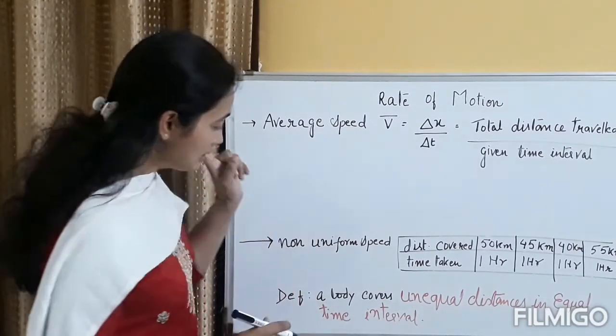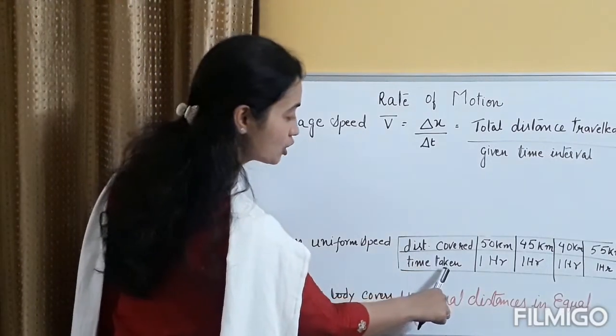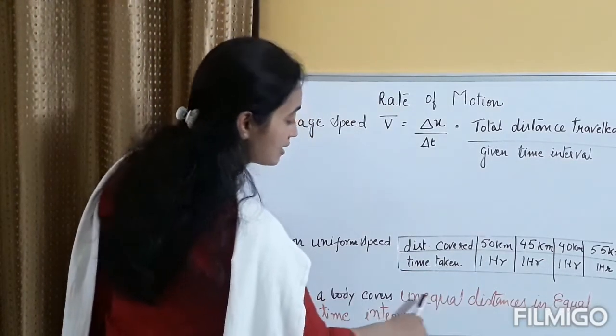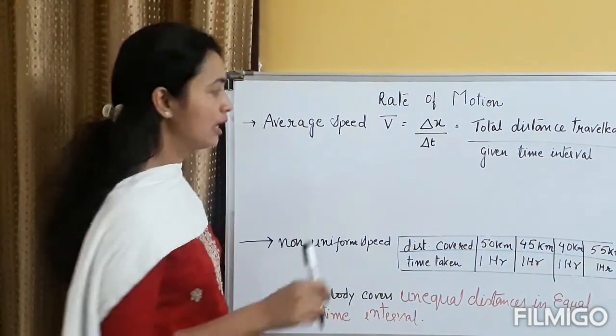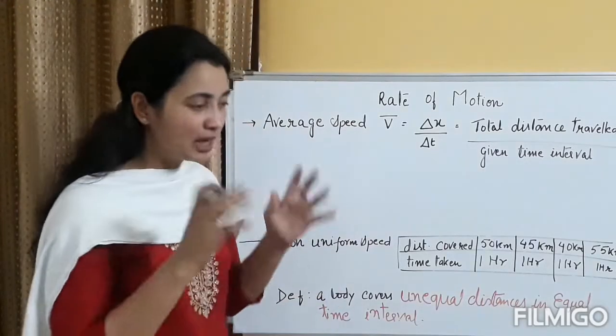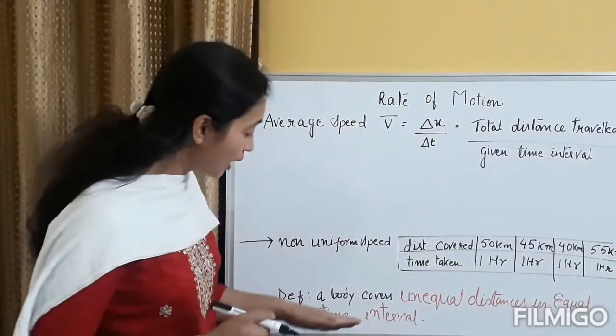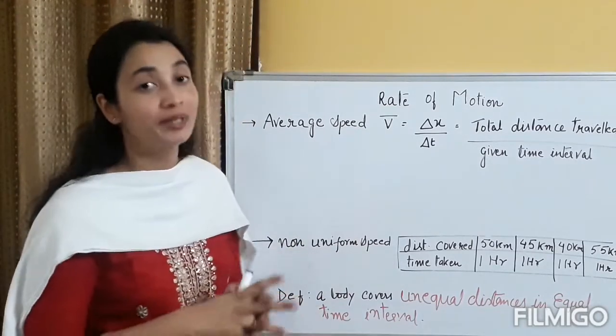So, just recall what is non-uniform speed. It is distance covered upon time taken where the distance is unequal whereas the time intervals are equal. In most of the places you will find a definition of this type. Sometimes you may have a confusion. What if the time interval is also unequal? Yes, that can also be there in the definition.